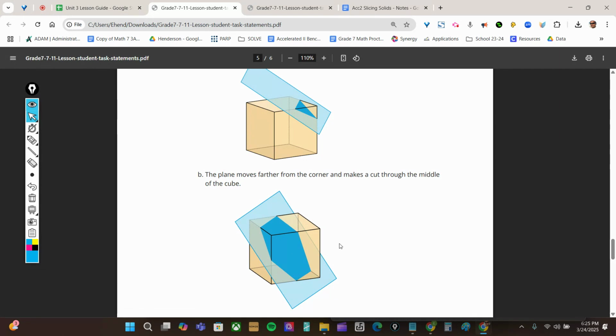This one down here has 6 sides, so you can use that in your description. Go ahead and take 2 or 3 minutes to put the description of each of these cross sections in your notes.